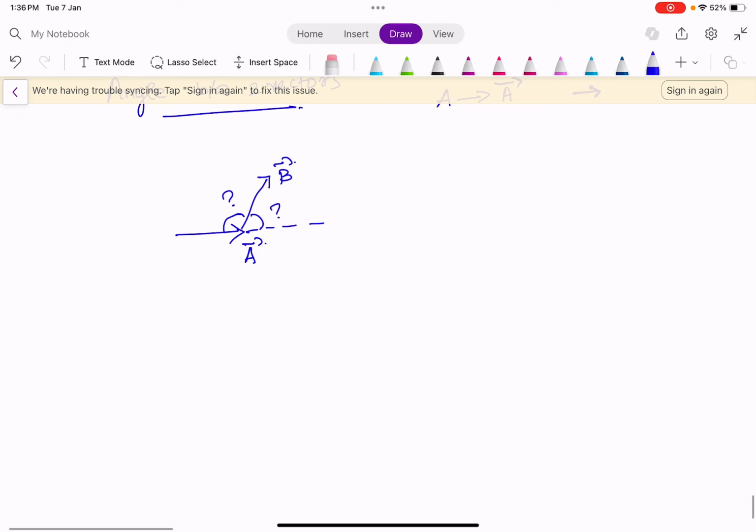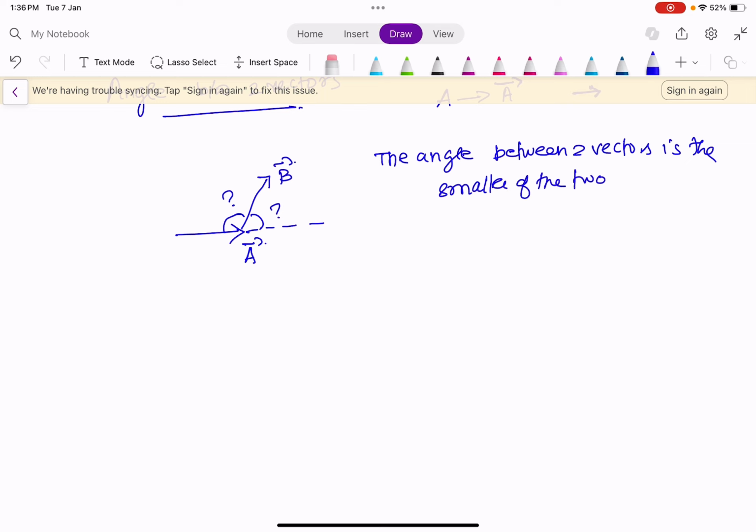So the angle between two vectors is the smaller of the two angles between the vectors when they are joined tail to tail.